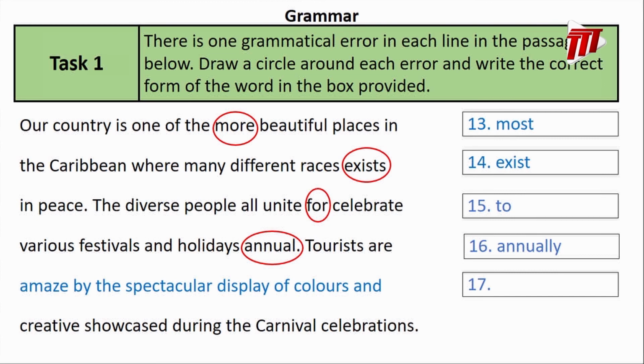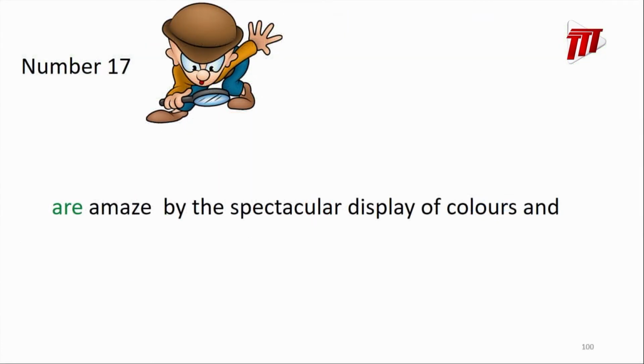Tourists are amazed by the spectacular display of colors and. Let's look at it in isolation. Are is the helping verb from the previous line. And what do you notice about the word, the verb amaze?